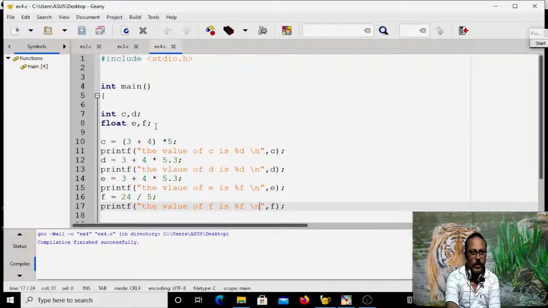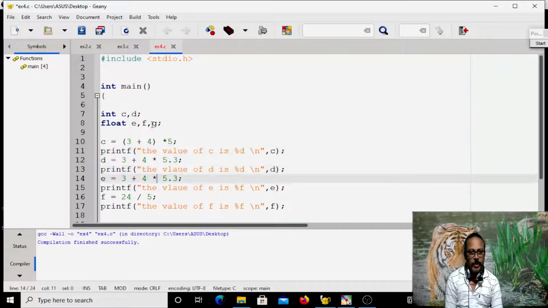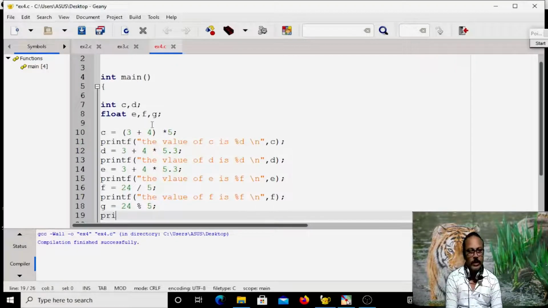If you want to retrieve the fraction, this remainder part, you can do it like this. So G equal to, what is the operator to get the remainder? Percentage. 24 percentage 5.